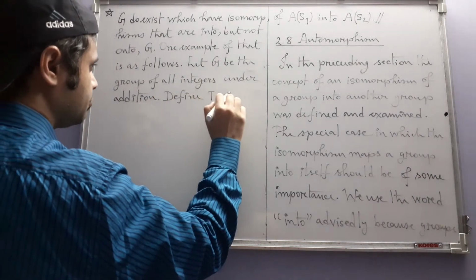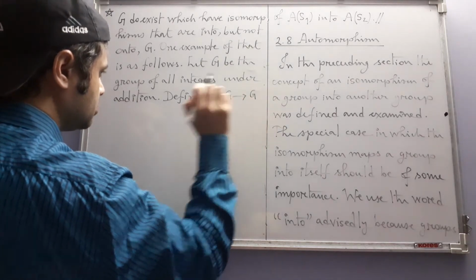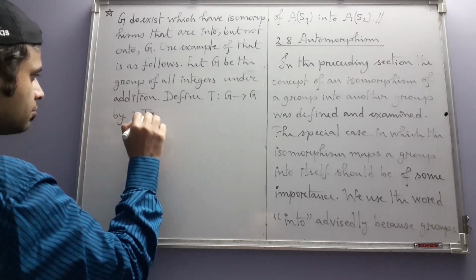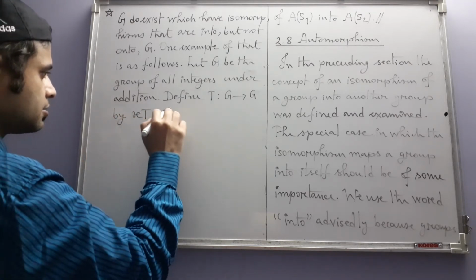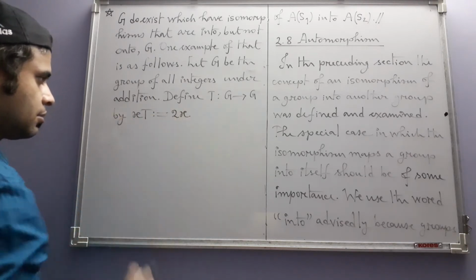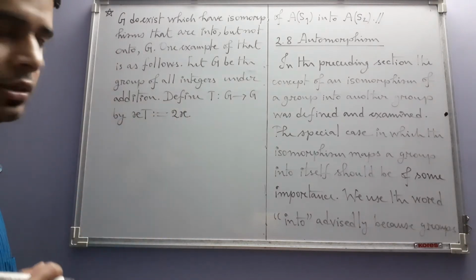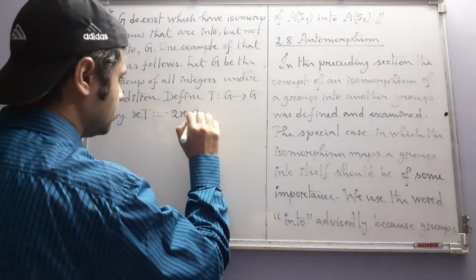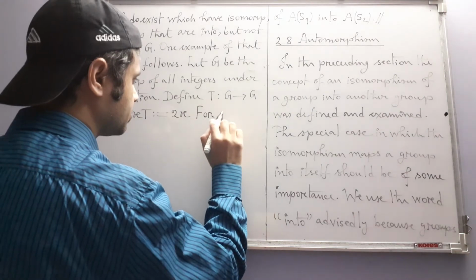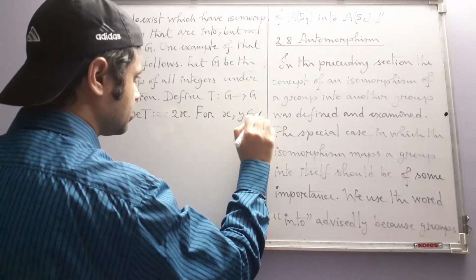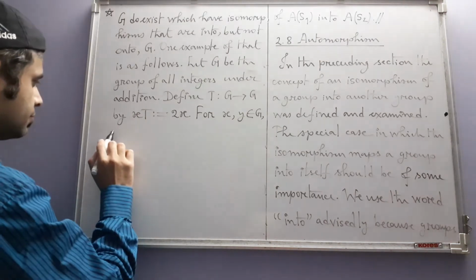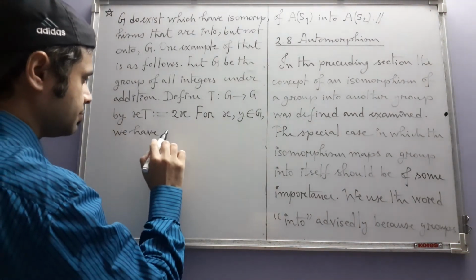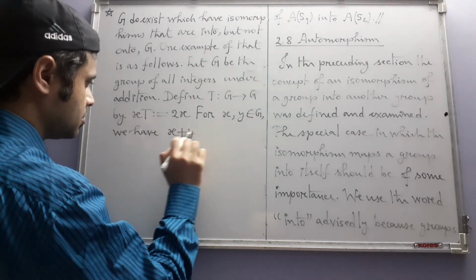Define the map T from G into itself by this formula, where an integer x is mapped onto its double, which is again also an integer, and this map is clearly a well-defined map. For two integers x and y, we have this.